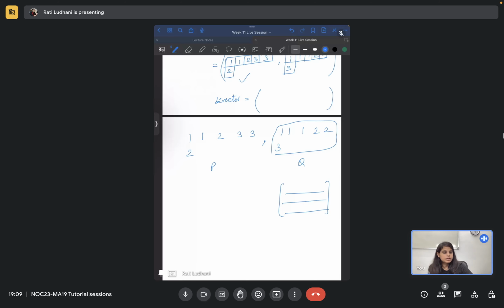The biggest number in Q is 3, right? That means that must be the last one, and there is no other 3 in this. So there is just one entry which is non-zero in the third row, because there is just 1 3 here.